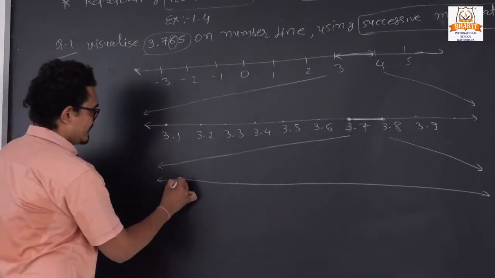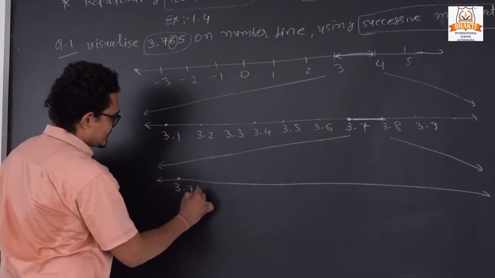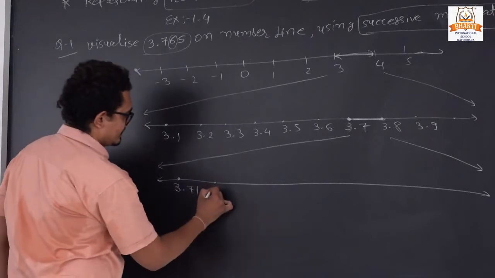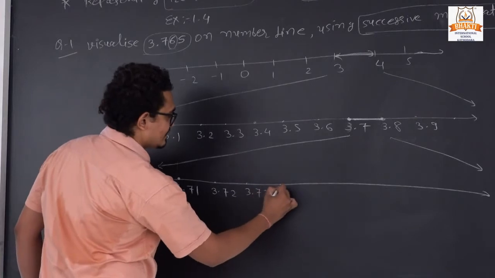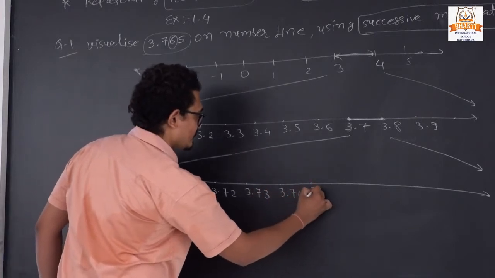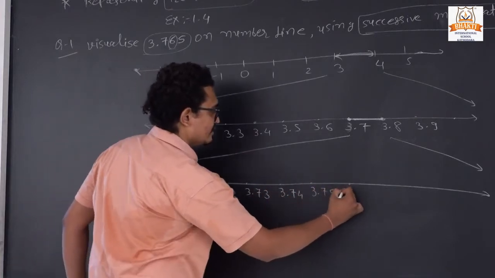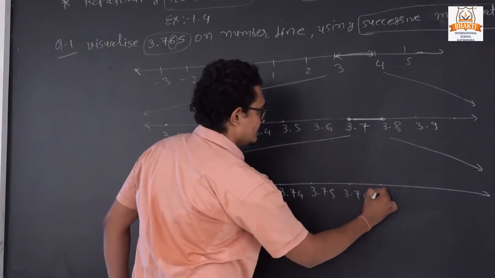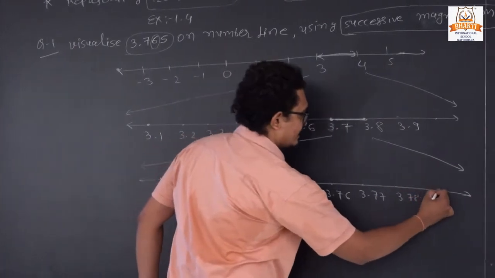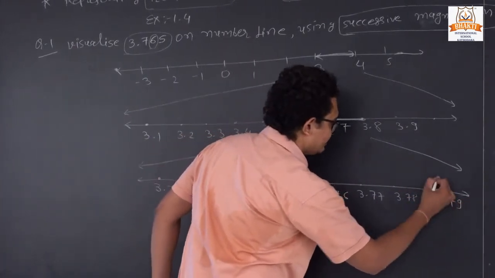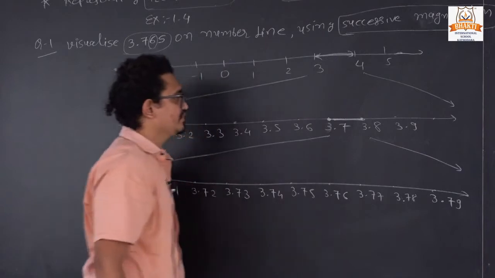So once again we can visualize. It is like 3.71, then 3.72, 3.73, 4, 5, 6, 7, 78, and last it will be 79.